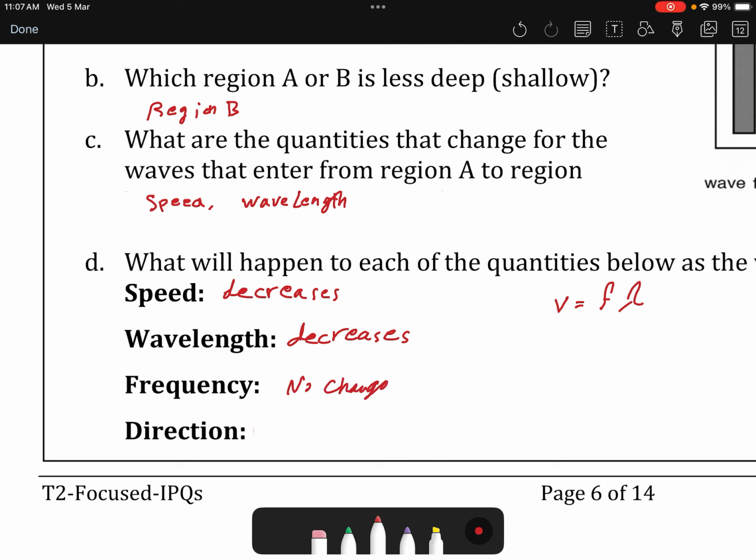The frequency will not change when it moves from one medium to another. So if the velocity decreases and the frequency is constant, in this case lambda should decrease. Clear?